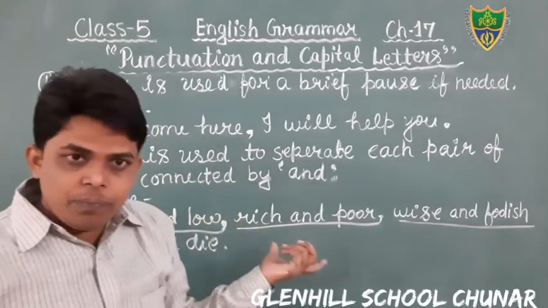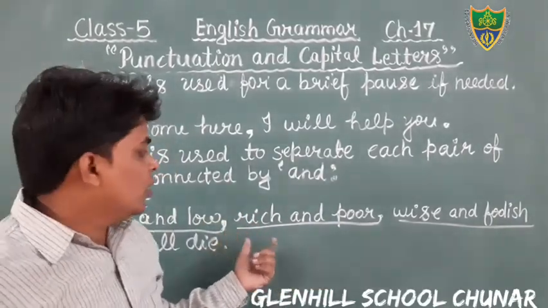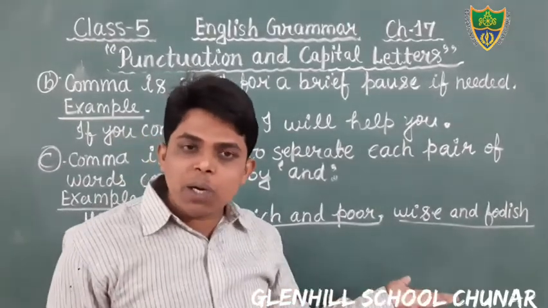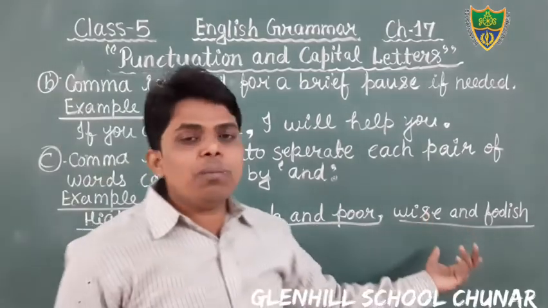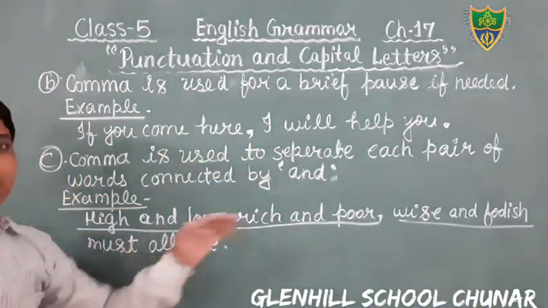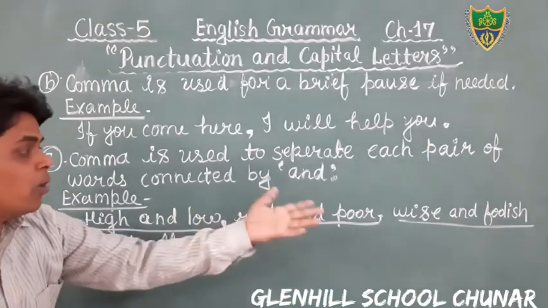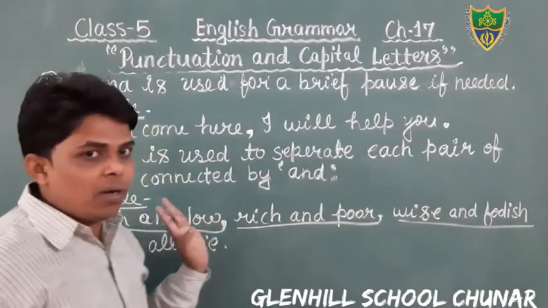High and low, a small pause, therefore we have used a comma. Rich and poor, a small pause, therefore we use a comma. Wise and foolish, after that there is no pair of words, therefore we will not use a comma after that.